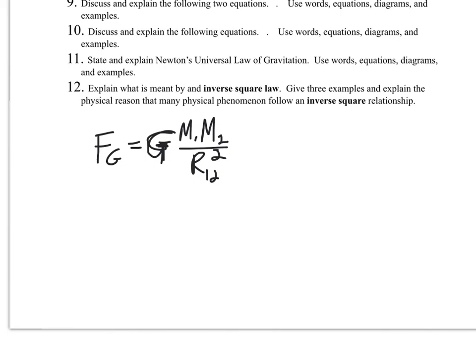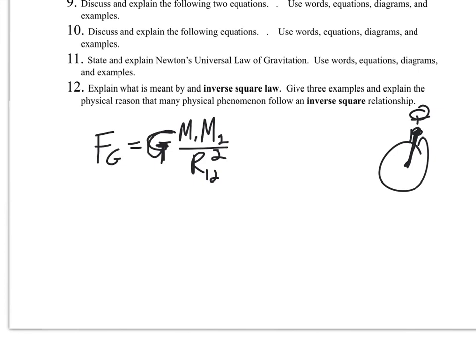Strictly speaking, this only works if they're point masses, but if the masses are round, or like in space, usually objects are so far apart that they look small and they're like points. But for the case of a person standing on the Earth, the distance isn't 0, it's the distance from the center of the person to the center of the Earth, which is basically the radius of the Earth.